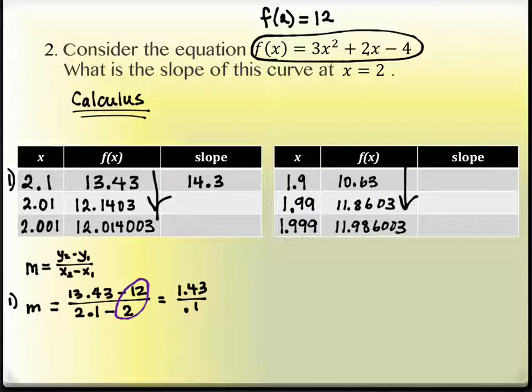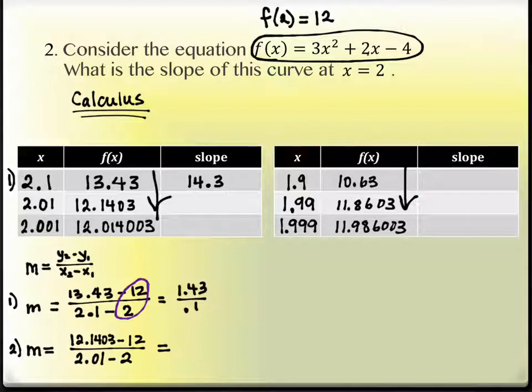Okay, and we're going to repeat, like the shampoo containers, wash, rinse, repeat. We're going to do the same thing for the second one. But what changes is that the first value at the beginning of the numerator and the beginning of the denominator will change. Now I have 12.1403 on top minus 12, and I have 2.01 on bottom minus 2.